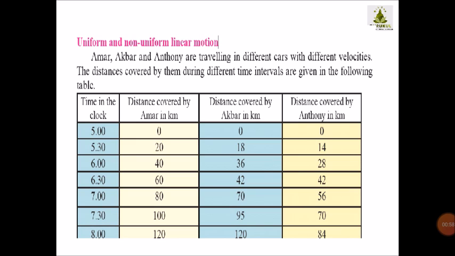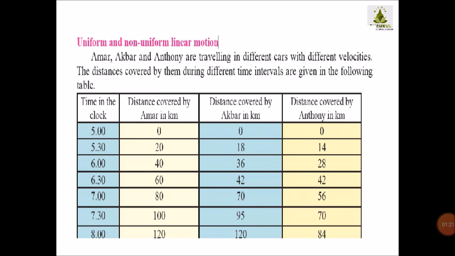The distance covered by them during different time intervals is given in the following table. When you refer to this table, you will see that all the people start at the same time, 5 o'clock, and initially the distance of each person was 0.